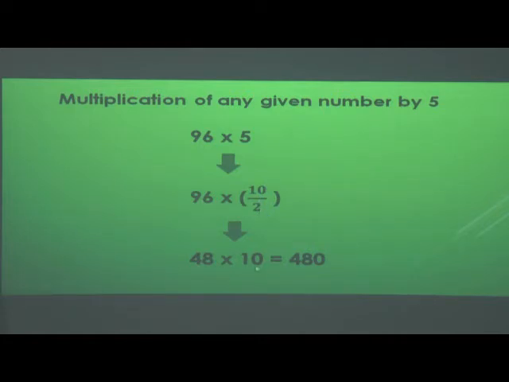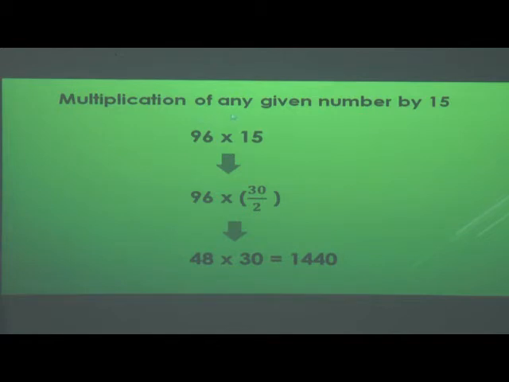Now here what we are going to do in the third step, first we are going to divide 96 by 2. 96 divided by 2, we get the answer 48. Then the remaining is 10. 48 multiplied by 10, we get 480.